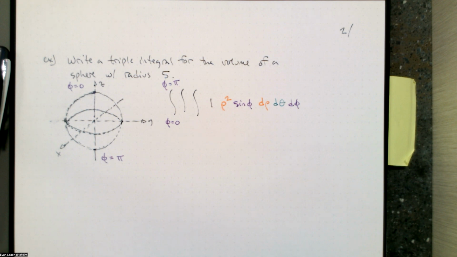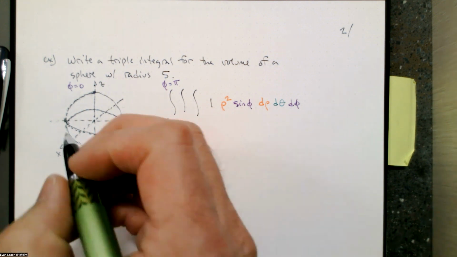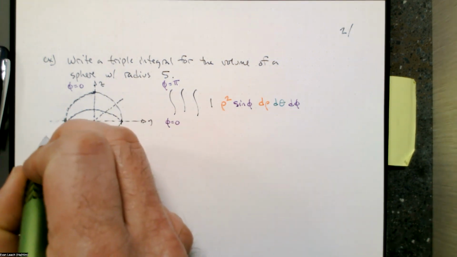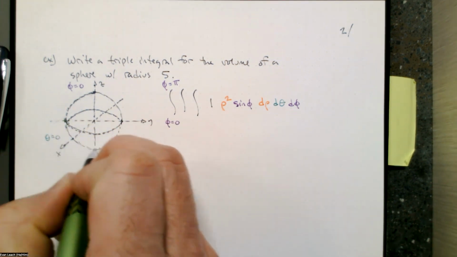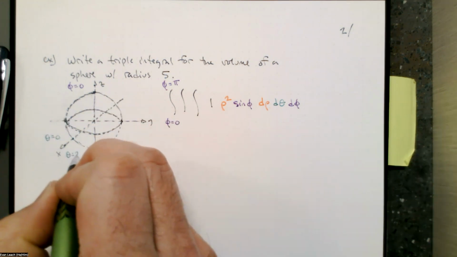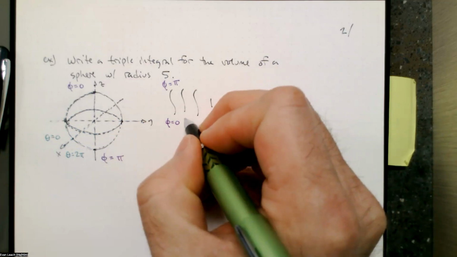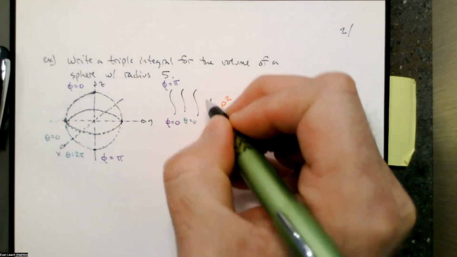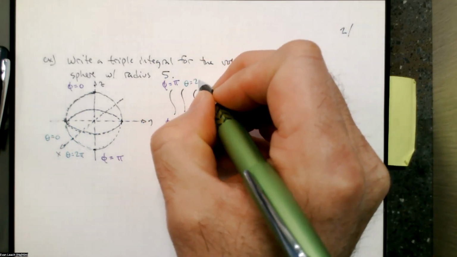In the middle, I set up a theta, and I want to make sure I go all the way around. So I want to go from here where theta is equal to 0, all the way around back to here where theta is equal to 2 pi. So I'm going to integrate theta from 0 to 2 pi.